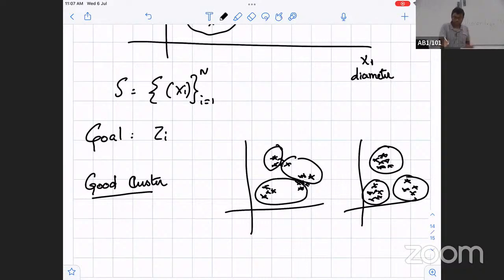Which of the two clusterings, A or B, would you prefer? B. You would prefer B because A is, in some way, not very good. Why is A not good?